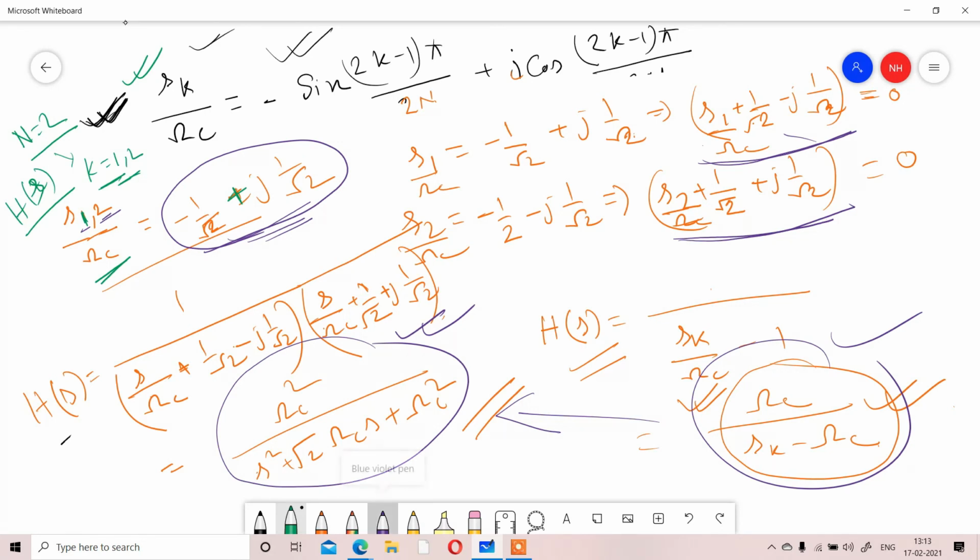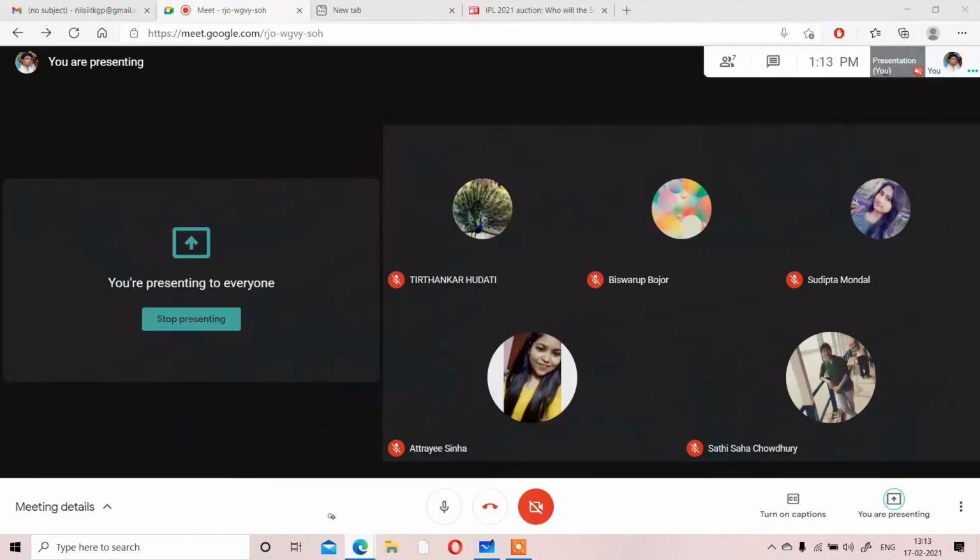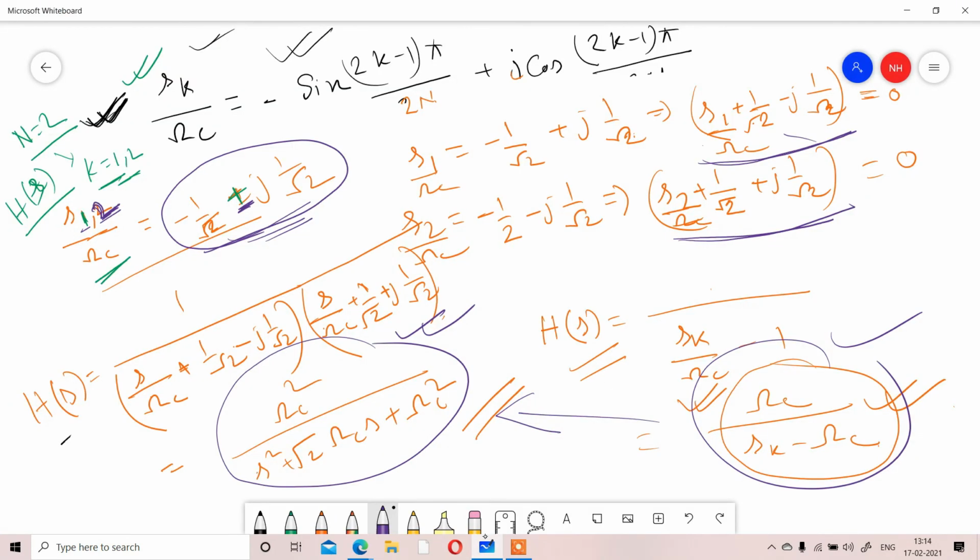And if we calculate for k equal to 2, you will get the s2 value, s2 by omega c will be minus 1 by root 2 minus j 1 by root 2. So the two poles that you are getting are minus 1 by root 2 plus j 1 by root 2 and minus 1 by root 2 minus j 1 by root 2.